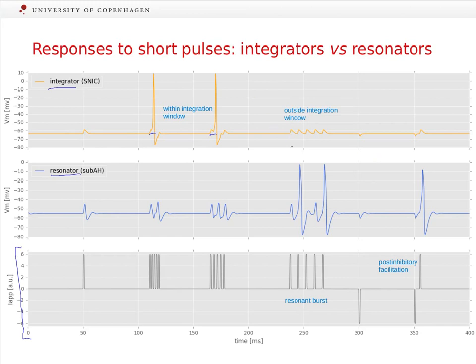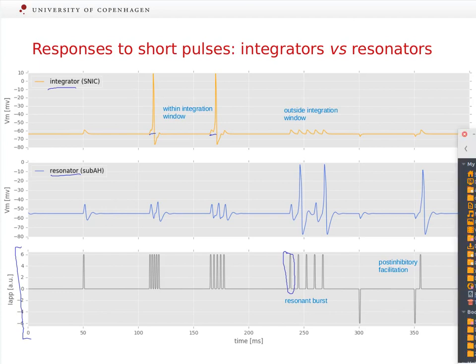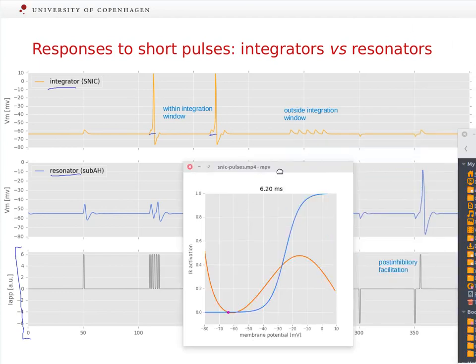Now, if the bursts of stimulation pulses are outside the integration window of the neuron, then we don't see spikes. A response to an inhibitory and then immediately after a depolarizing stimulus doesn't lead to a spike either. The same dynamics can be seen in the movie, which I'll show presently.